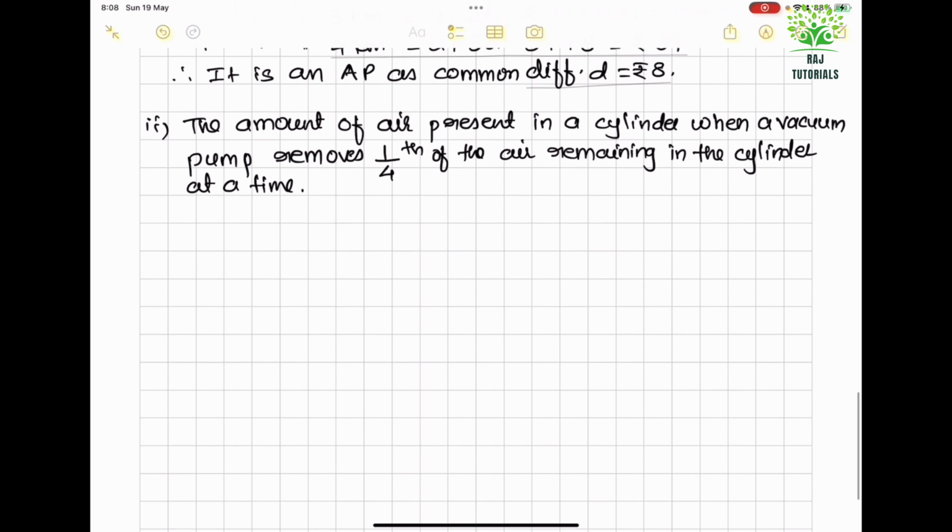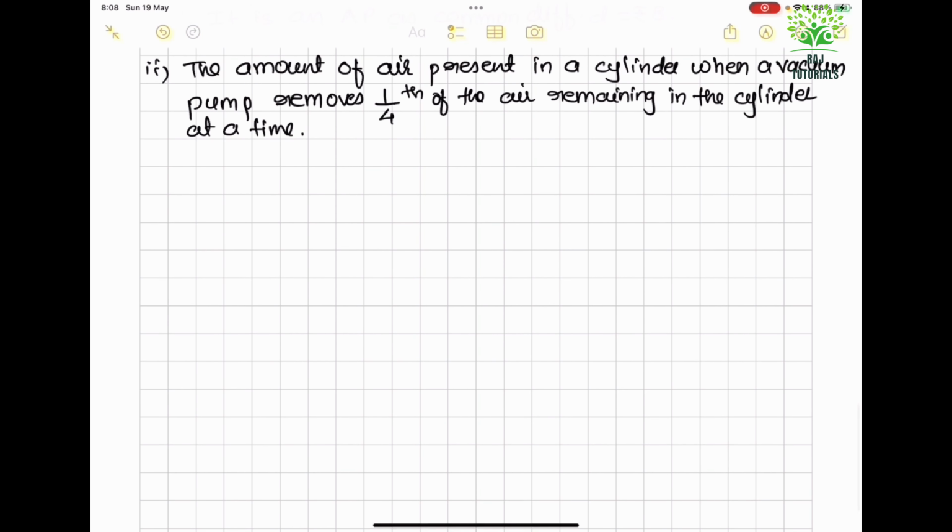That means the first term is not given, so I can take it will be full. So see how I can do.